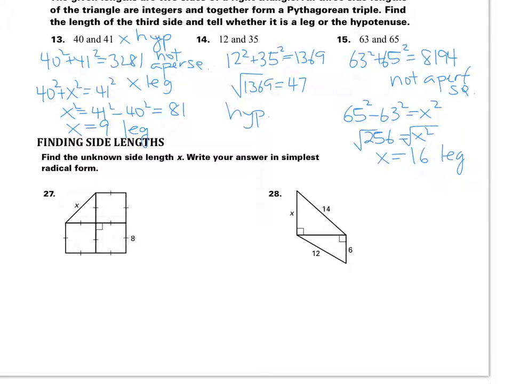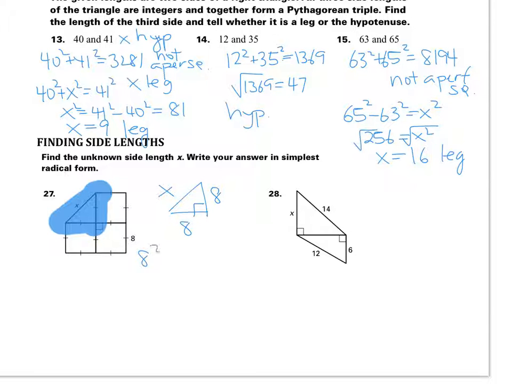And then we have some a little bit more complex figures. I'm just going to pull out this piece up here. And I know there's a right angle there. Since all those pieces are the same, these two would be 8s.